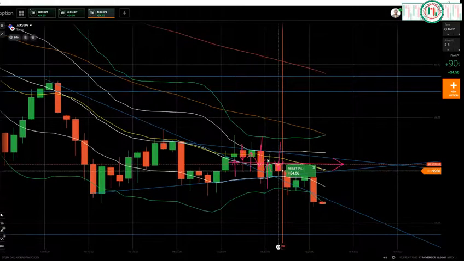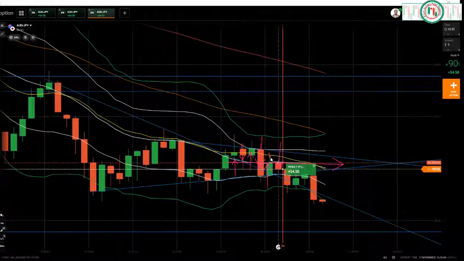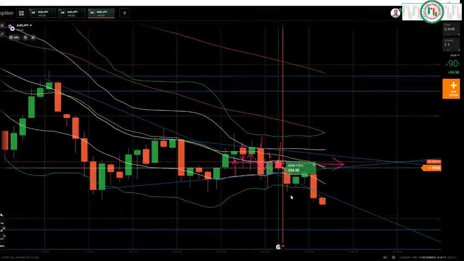So that's why I know definitely, and it's rejected from the 20 MA, closed at Bollinger. So I know definitely sellers must enter. So that's why I place my trade, put option, at this level.